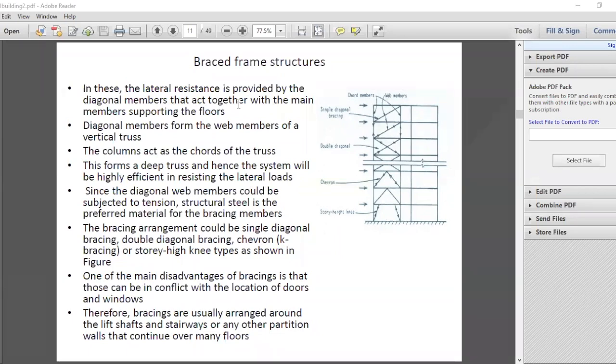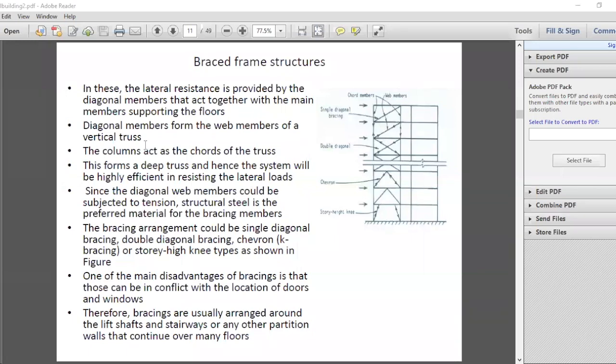If you look at the diagonal members, we are now talking about a truss fixed at the base and spanning vertically. Now you are familiar with trusses spanning horizontally, but here there's an exception where the truss is spanning vertically.